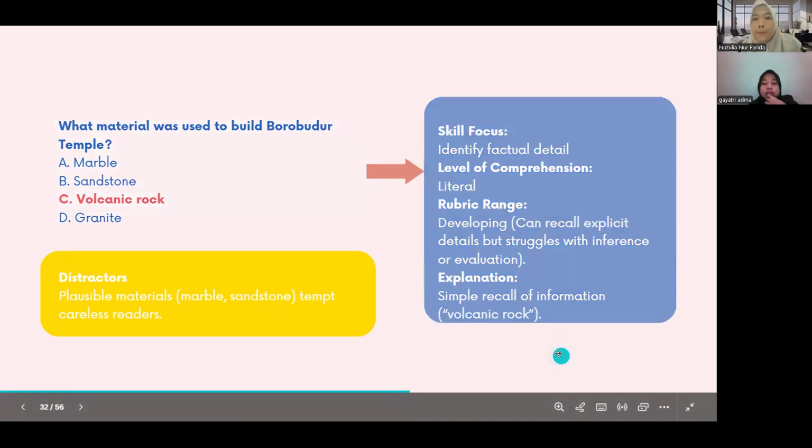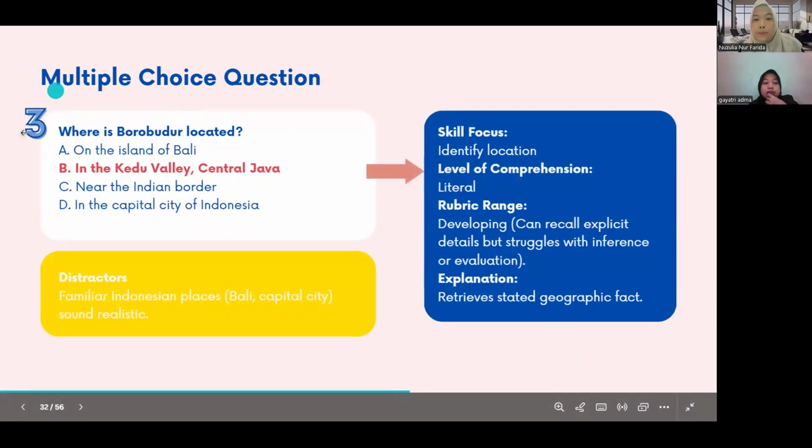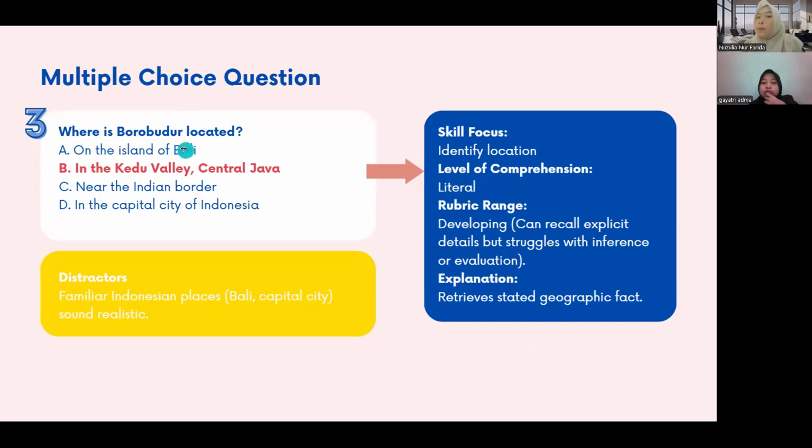And then the third one, I made, where is Borobudur located? It is also at the literal comprehension level, because the students are just asked to identify the location of Borobudur, and it would be easier for them to find the answer directly from the text.